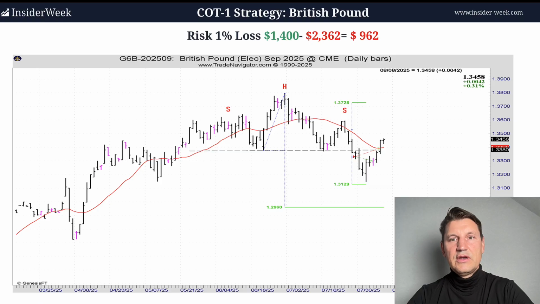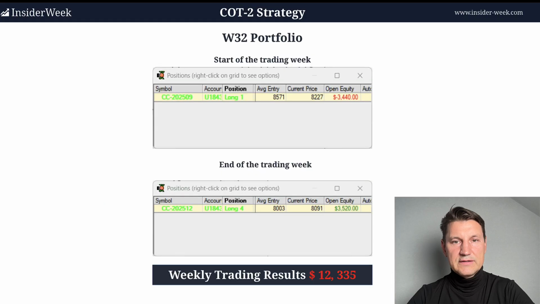I closed a part of my trade with a profit of $1,400. With the remaining position I was stopped out and made an overall loss of $962 with this trade.